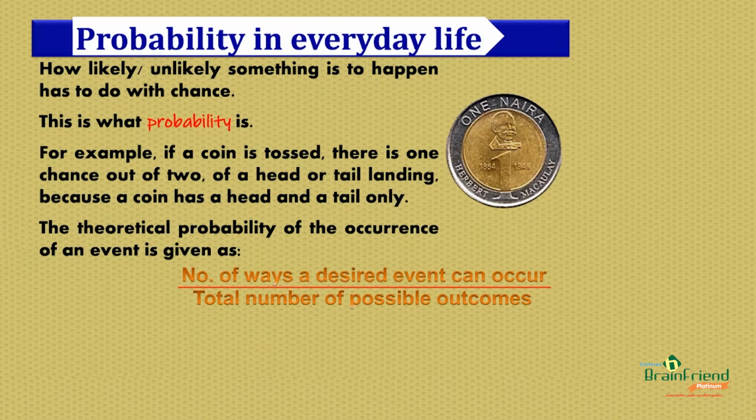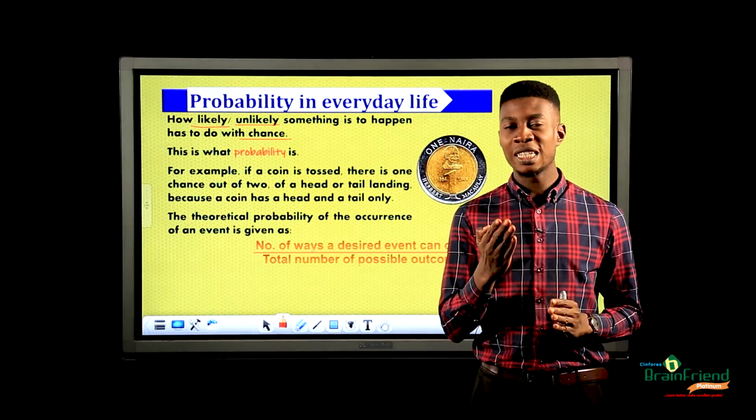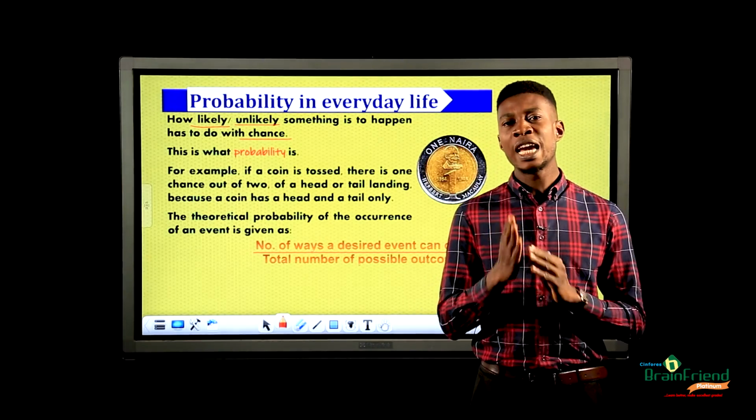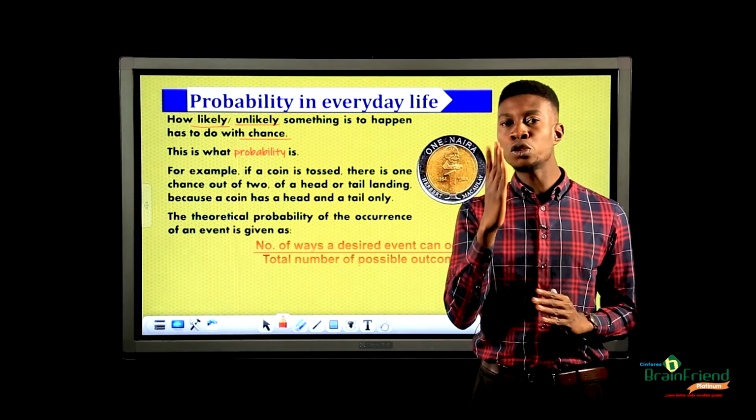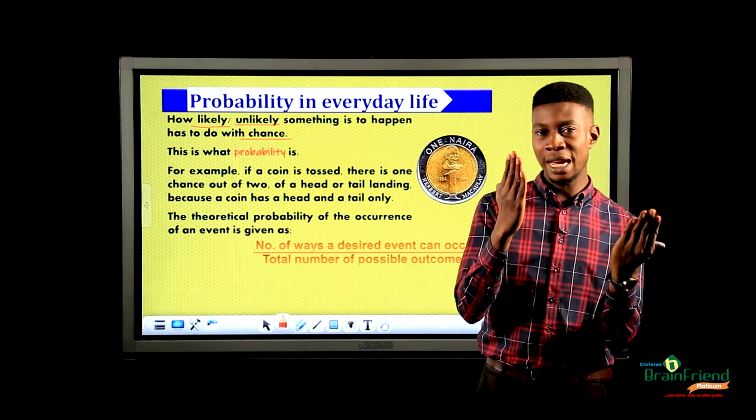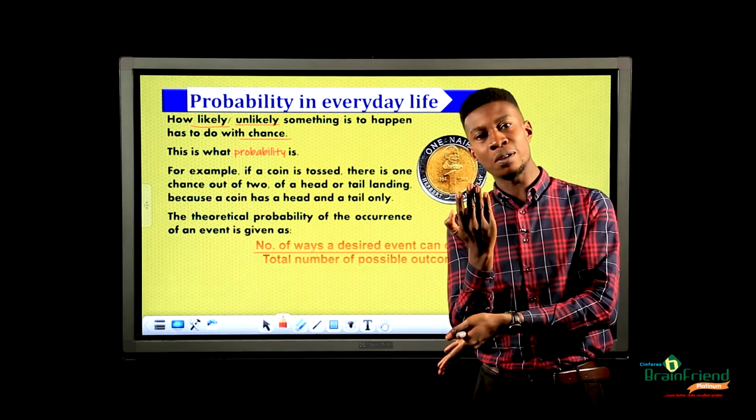By definition, probability can be said to be how likely or unlikely something is to happen. It has to do with chance. For example, if we have a coin and we toss the coin, a coin has two sides or two faces. Now we can choose to call one of the faces the head and the other face a tail.